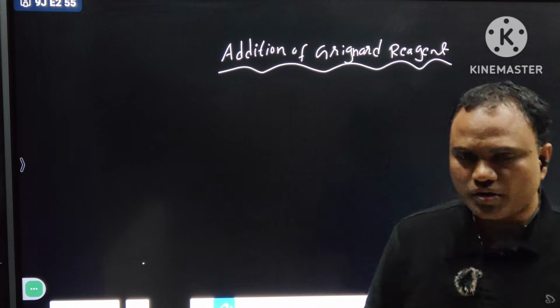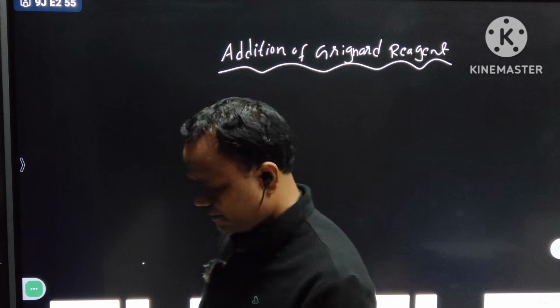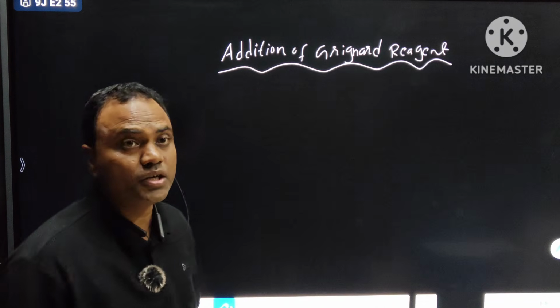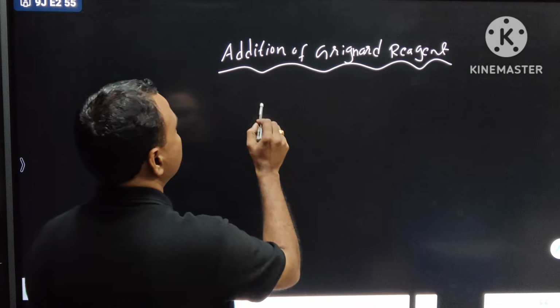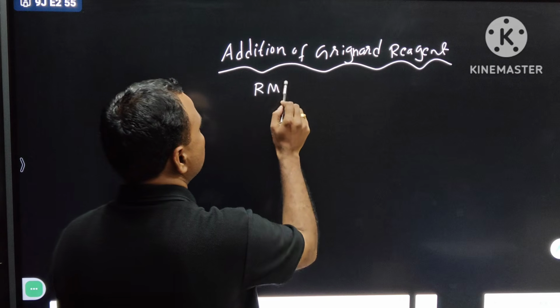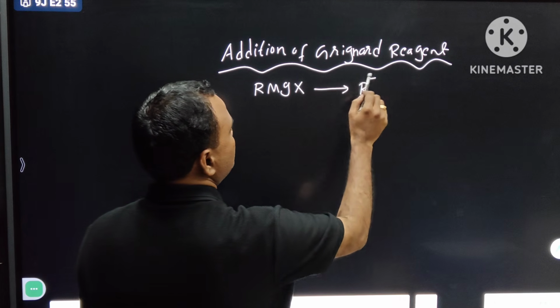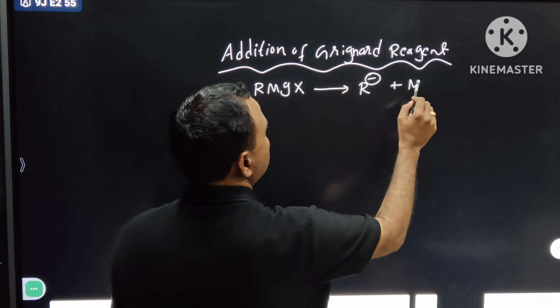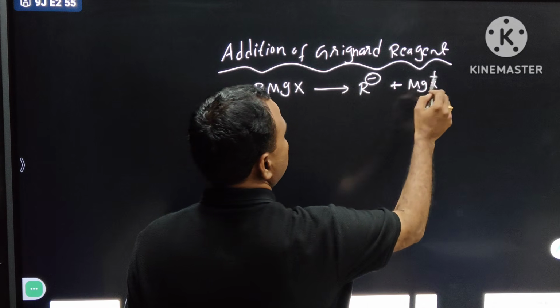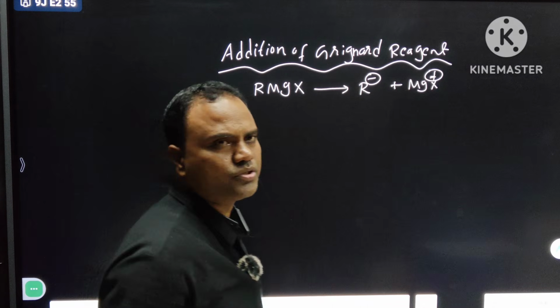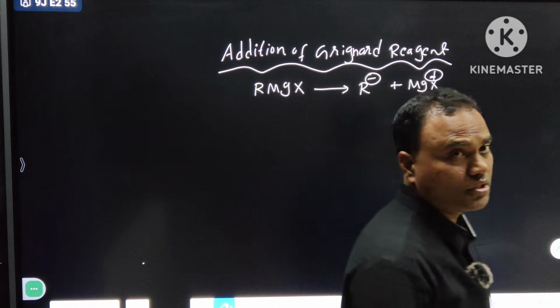Tell me. RMgX. First chapter. It will dissociate into R minus and MgX plus. Grignard reagent dissociates into R minus and MgX plus.